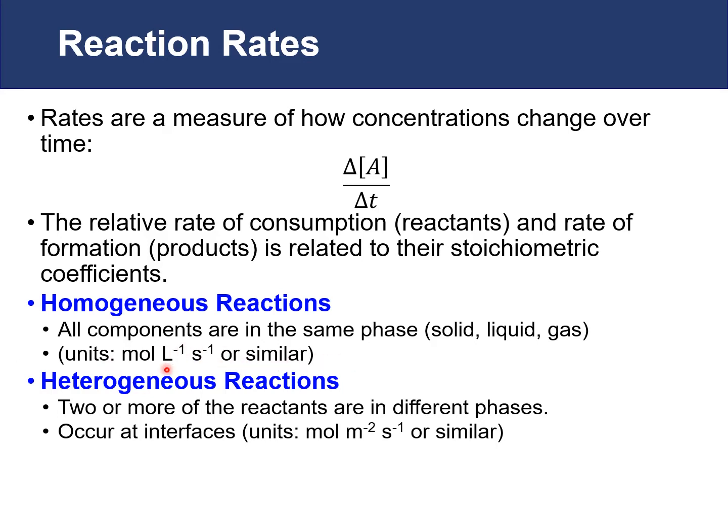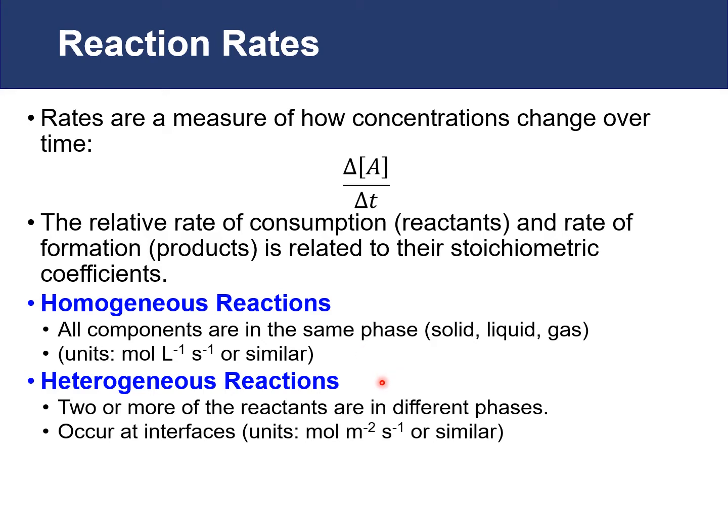Could be moles per liter per hour, moles per cubic meter per second. Essentially, a unit of measurement in terms of moles or molecules, a volume, liters or cubic meters, and seconds or minutes or hours, depending on your time frame. But always it's going to be some form of concentration divided by time.